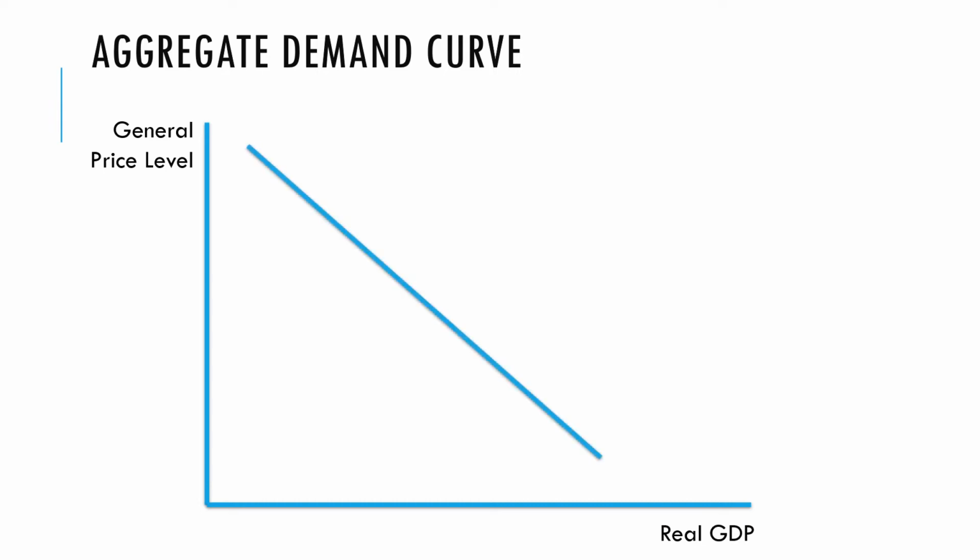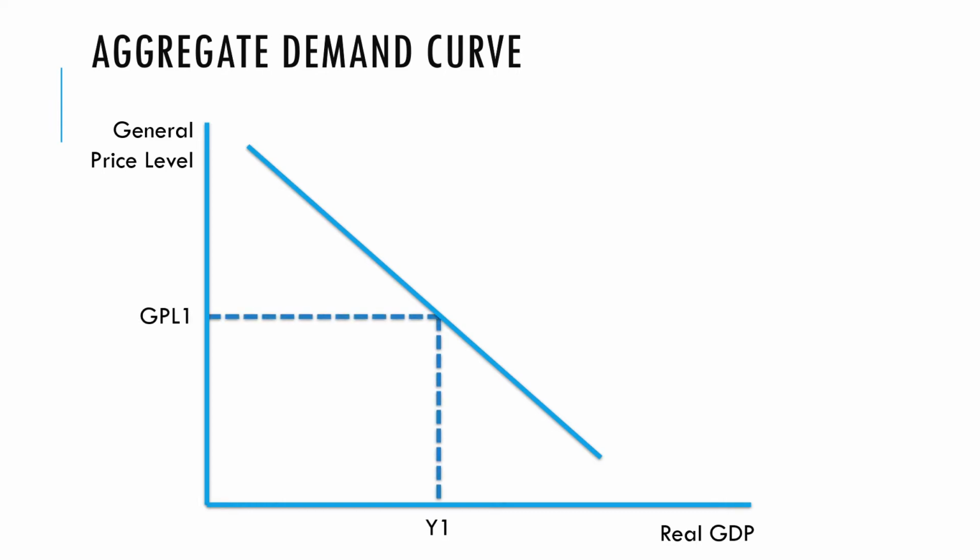And the demand curve typically looks like this. The general relationship is that as the price level increases, the demand, or the amount of goods and services that people wish to buy, decreases. So here we can read off the chart and see at any given price level in the economy how much would be the level of demand.